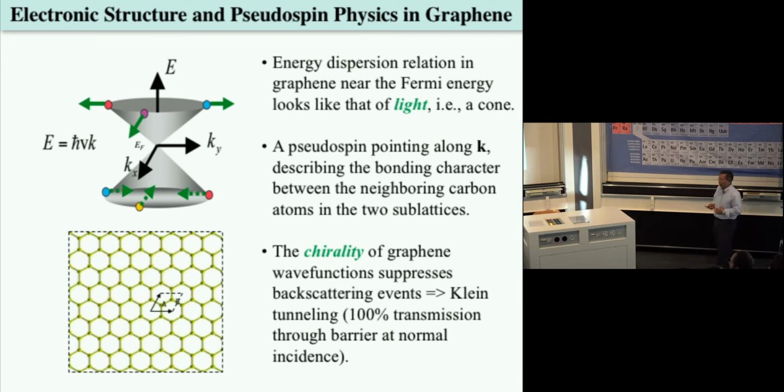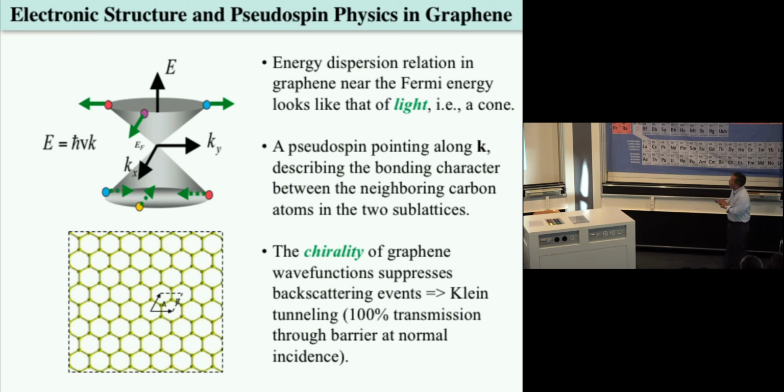Because the states are combinations of orbitals from both the A and B sublattices, we could describe the electronic states using a quantum number relating to the amplitude of those sublattice A and B pi orbitals. We call that the pseudospin. And the pseudospin of the state is either aligned or anti-aligned to the wave vector.